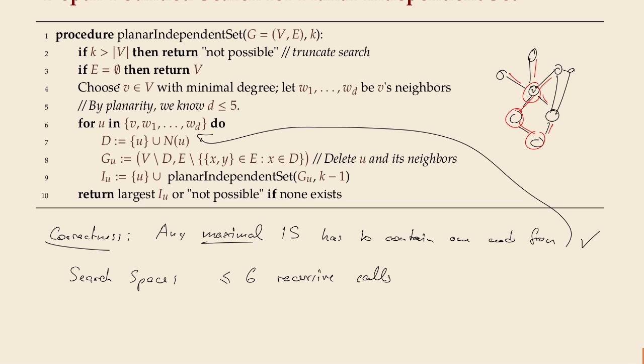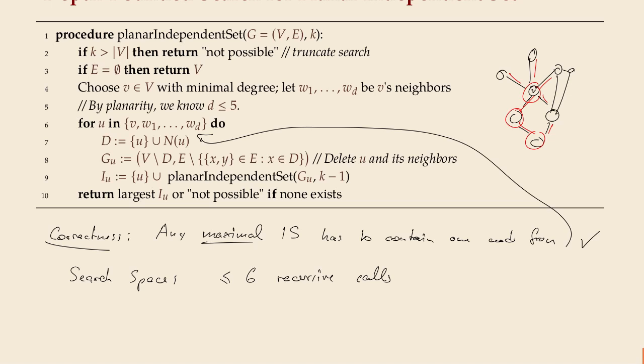Okay, I didn't talk about the initial conditions, about the termination criteria, but simple enough, I guess. If we are asked to include more nodes in the independent set than there are in the graph, then there's no solution. So this seems like a silly condition, but we will reach it by making the graph smaller eventually.